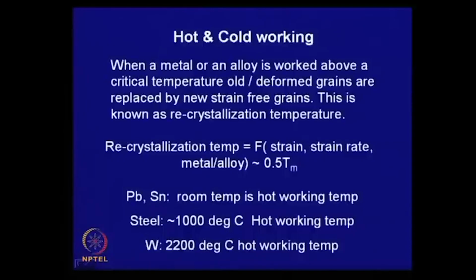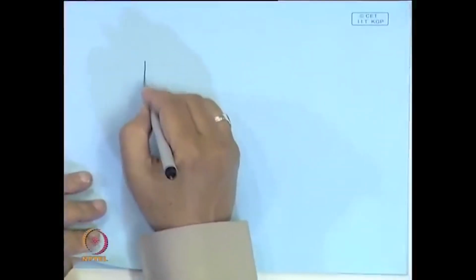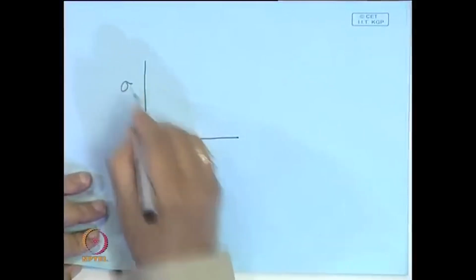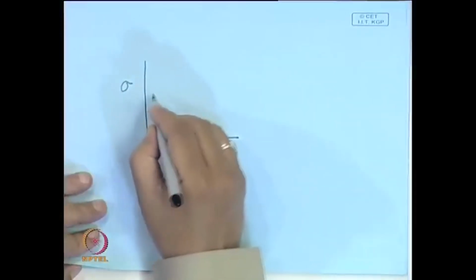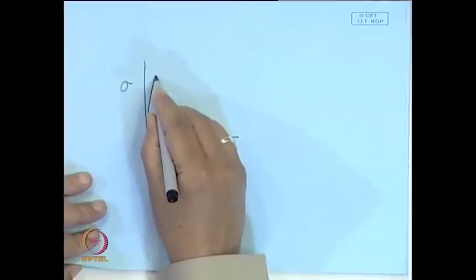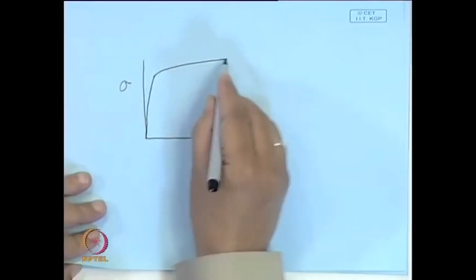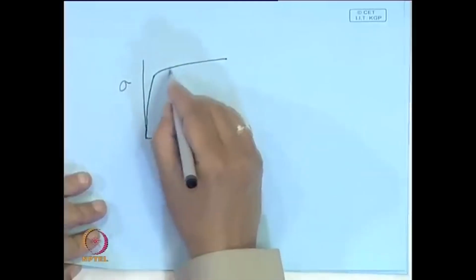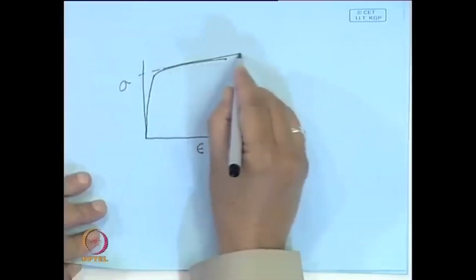Say your stress strain plot at room temperature looks something like this. As you increase the temperature, there is still some amount of strain hardening.